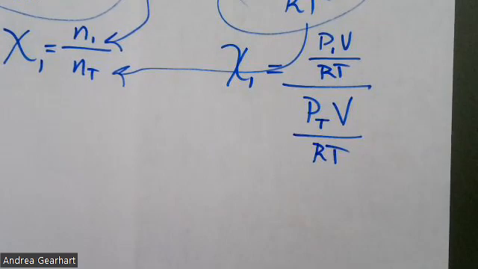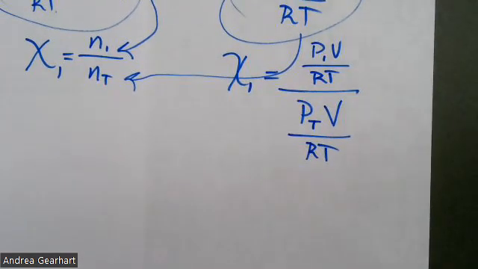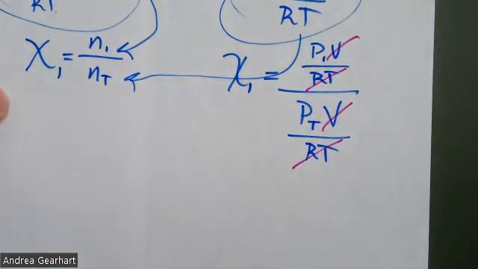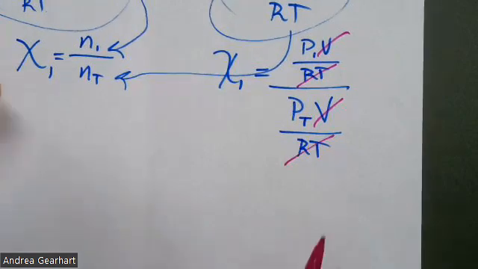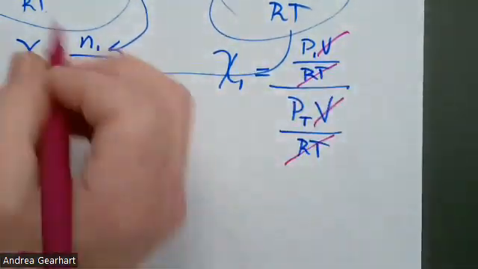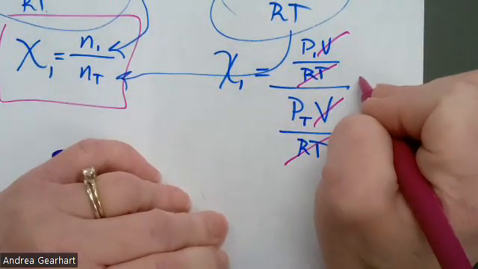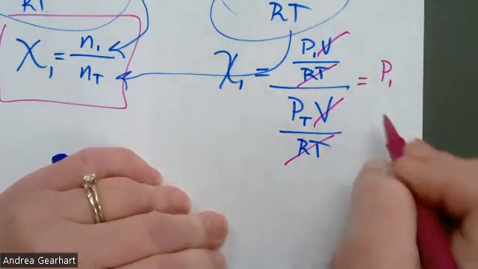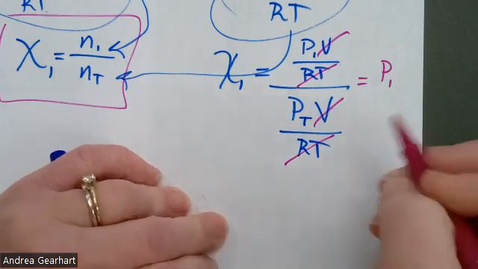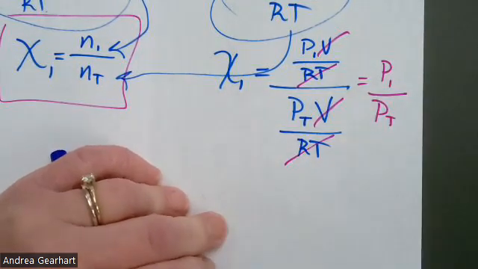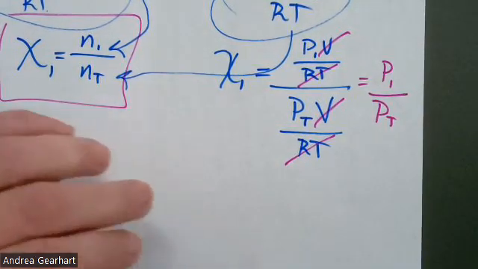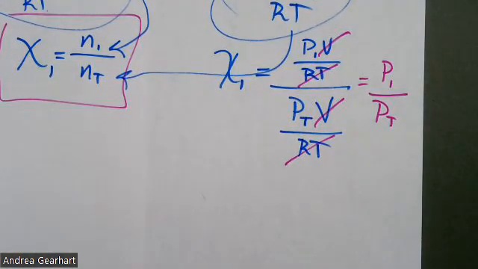And so we know we can simplify. Those cancel each other and volume cancels. So mole fraction, yes, is a ratio of moles, but it also can be the pressure of that gas, the partial pressure, divided by total pressure. So we just have another way to relate it, another way to find it.